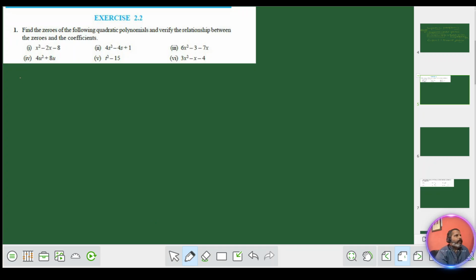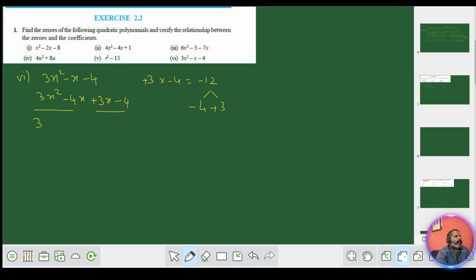So the last one, we have 3x square minus x minus 4. Okay? So first into third method, we solve it. Plus 3 into minus 4 is minus 12. Take the factors here. 4 3s are 12. Minus and plus, because minus 4 plus 3 gives minus 1 here. Minus 4 and plus 3 product will be minus 12. Split it. Now 3x square minus 4x plus 3x minus 4.